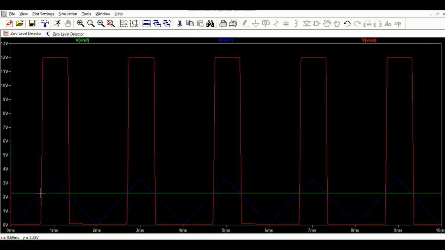For the time period here to here, your input signal is exceeding your reference signal, so your output is high and it is 12 volt. And then again, whenever your input signal is lower than your reference signal, from the time period here to here, your output is low and then again high.